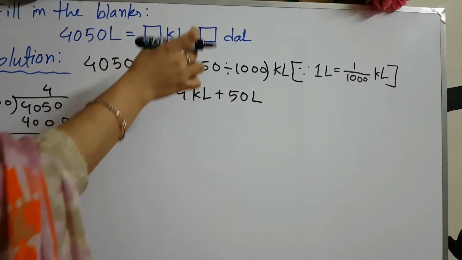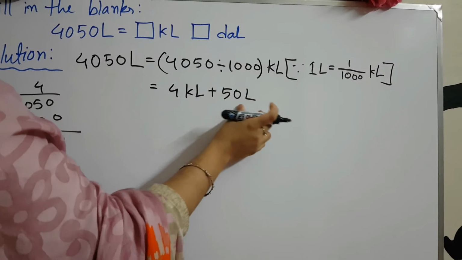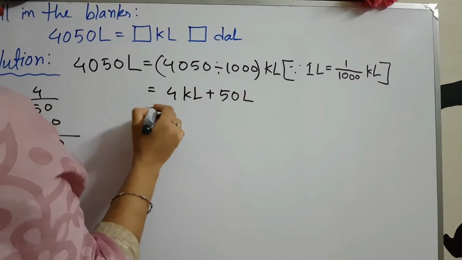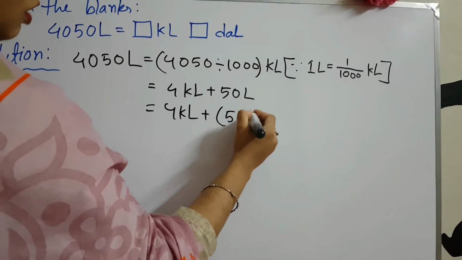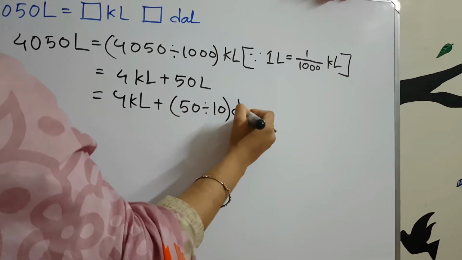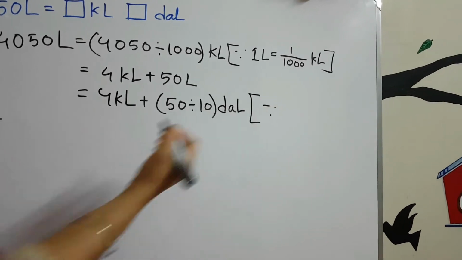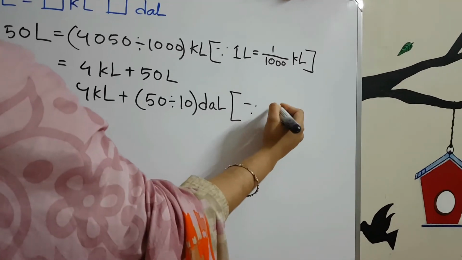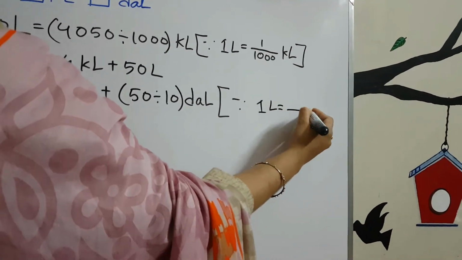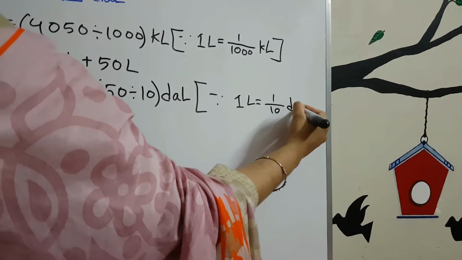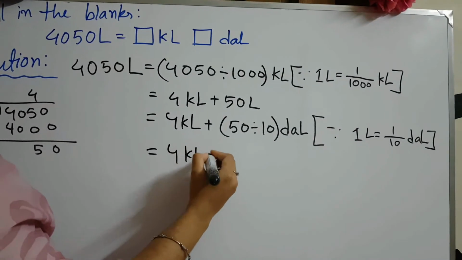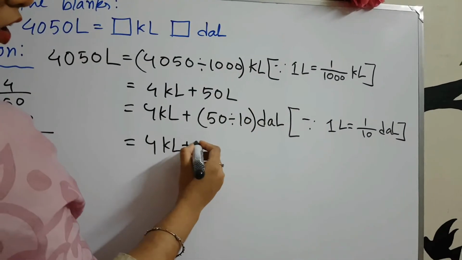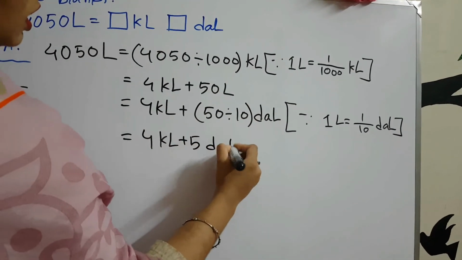We already have kiloliters. Now we will convert 50 liters into decaliters. So 4 kiloliter plus 50 divided by 10 decaliter, because we know that 1 liter is equal to 1 by 10 decaliter. So 4 kiloliter plus 50 divided by 10, that is 5 decaliter.